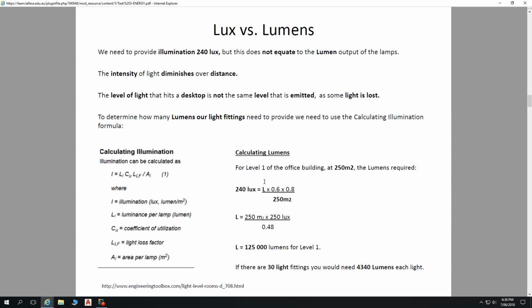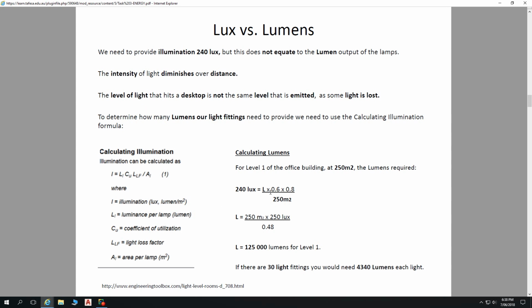So what we have required is 240 lux, and we know our area of 250 square metres, and we have, what is that?